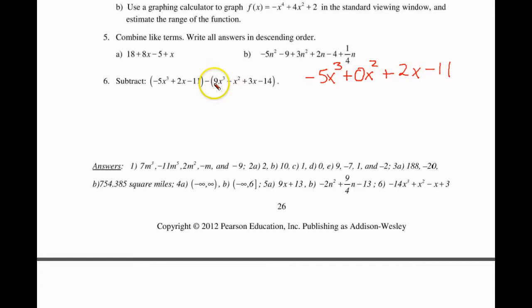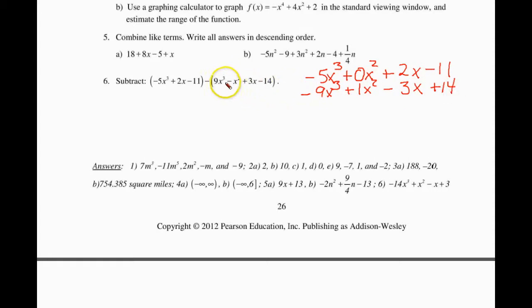So where this was a positive, it's now going to become a negative 9x to the third. Where this was a negative, it now becomes a positive. And I'm putting there the 1 for emphasis. This was a positive, now becomes a negative. This was a negative, it now becomes a positive.